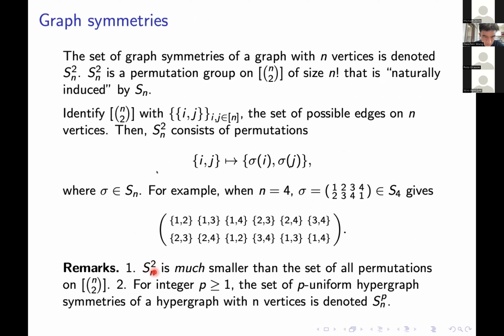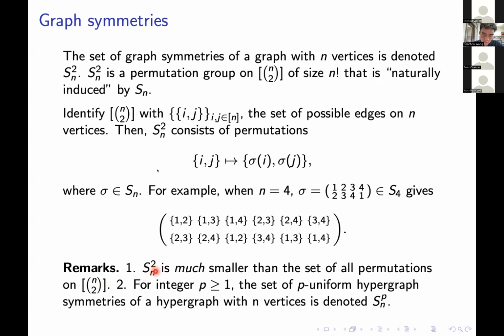So is this a group? Is that your question? Yes, I would think it is. And if it is, how does it relate to Sn? Yeah, so Sn2 is a permutation group acting on bracket n choose 2. Yes. And I'm saying that on bracket n choose 2, you can consider two things acting on it.